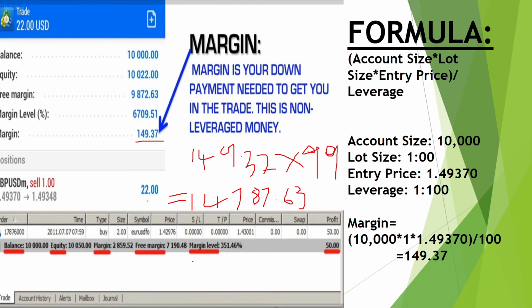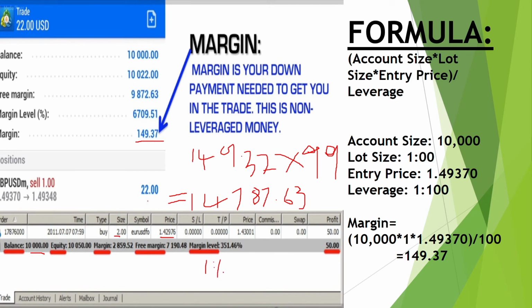There's another trade here. Please, I want you to do this assignment yourself and submit it on the comment section or write me privately on Telegram. This is the account size. Then this is the lot size, two standard lots that were used, and this is the entry price. The leverage for this account is 1:100.